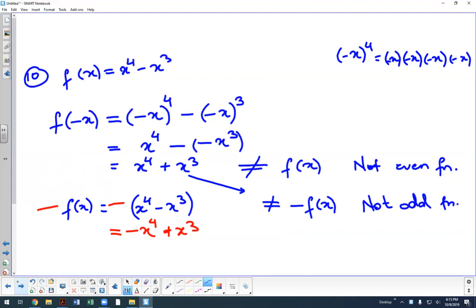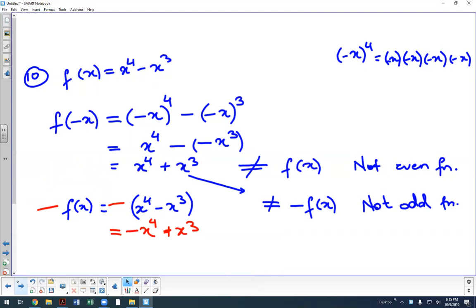So let me go through this one more time. This is the function we were given. They're asking us to determine if it's an even function. Even function means it has symmetry with respect to the y-axis. If not, is it an odd function? Because an odd function would be symmetry with respect to the origin. So the way you test it is start by taking the original function, replacing your x with negative x.